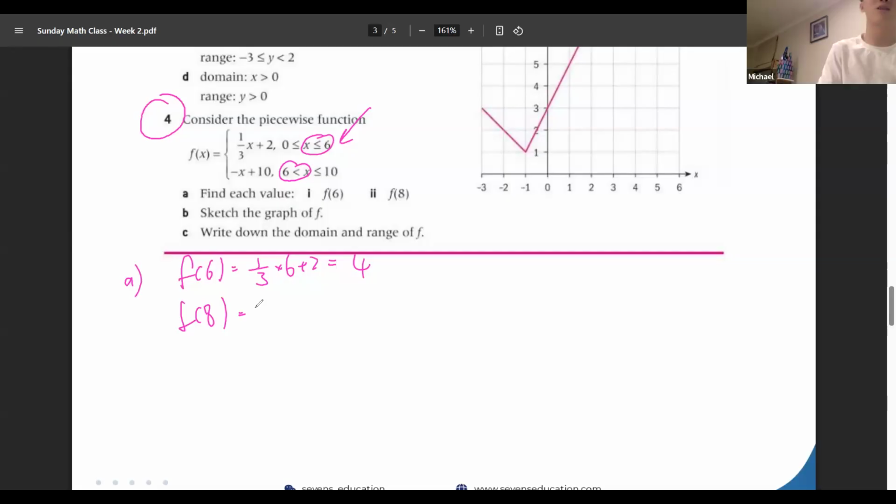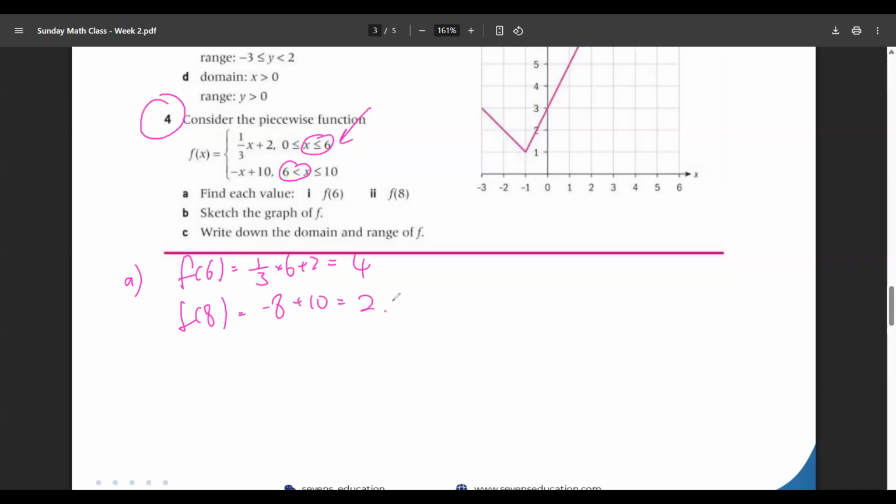Okay, so it's defined in the second region, right? 8. Mm-hmm. I don't know how to say this in English, but yeah. So what is f of 8? 2. That's it. Okay, cool. So what else? That's pretty much question A.